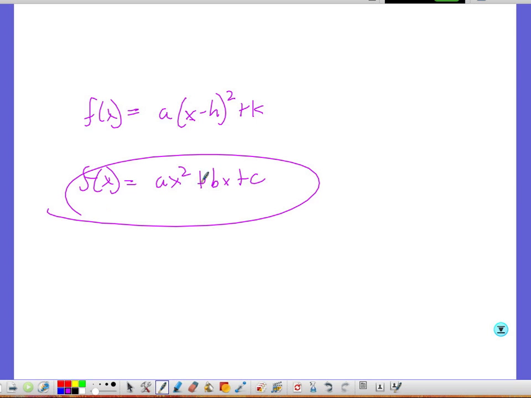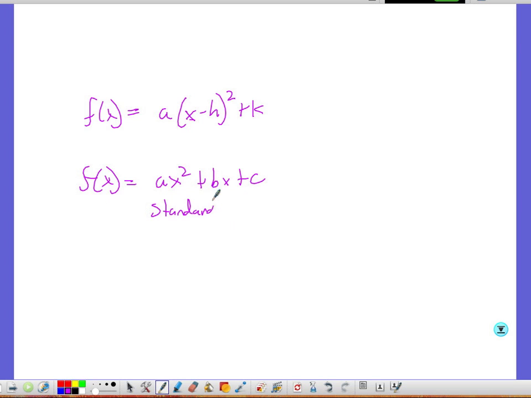By looking at this, I can find what a is, but can I find what h and k are? No. So now here's the question. Is there a way to go from standard form into vertex form? To go from here to here. Yes, there is.